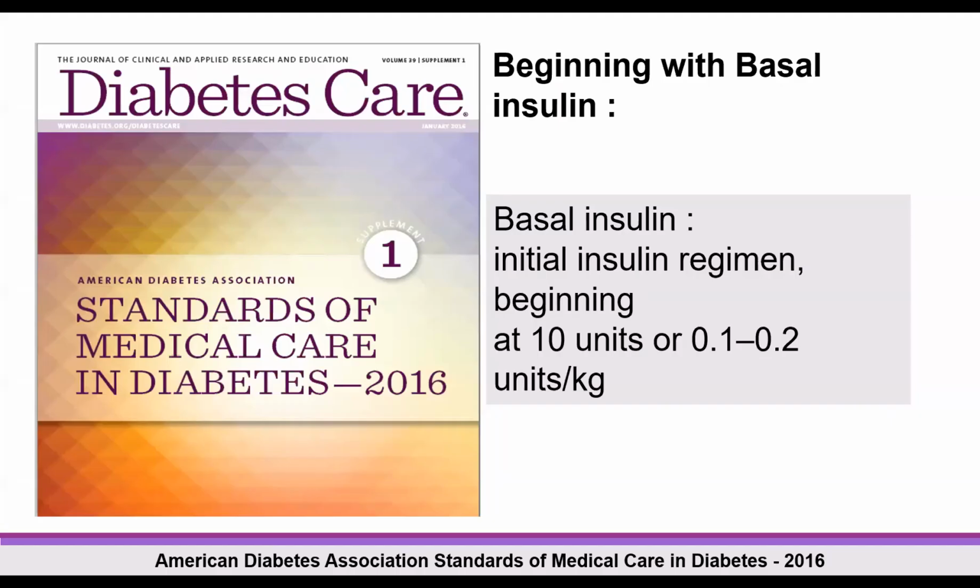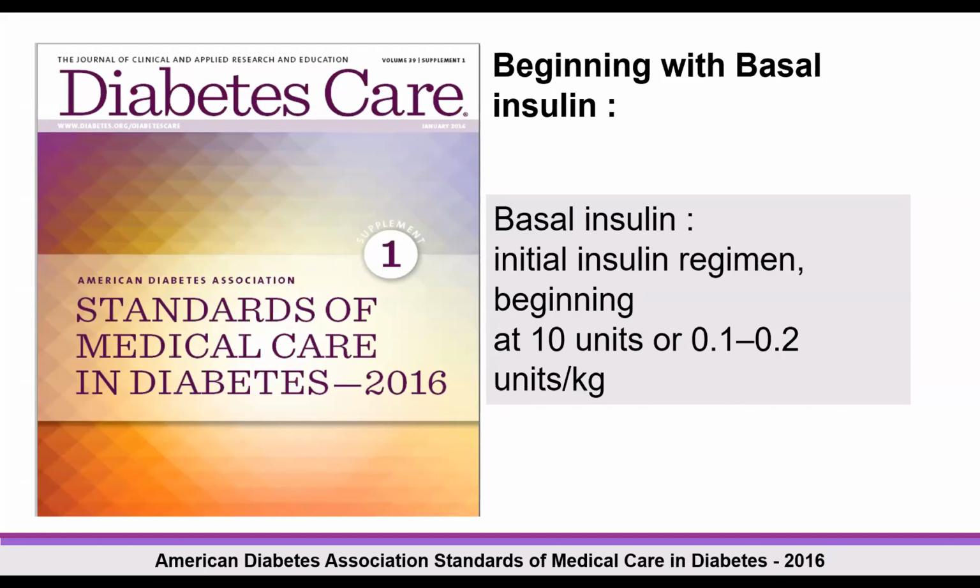The second option is, if you look into the ADA guideline, they say you can calculate on the basis of the weight, but you can just simply start with 10 units. I think this is the simplest way to think and start. So I start with the basal insulin, 10 units at bedtime, or sometimes 10 units in the morning, whatever you like, depending on your choice.